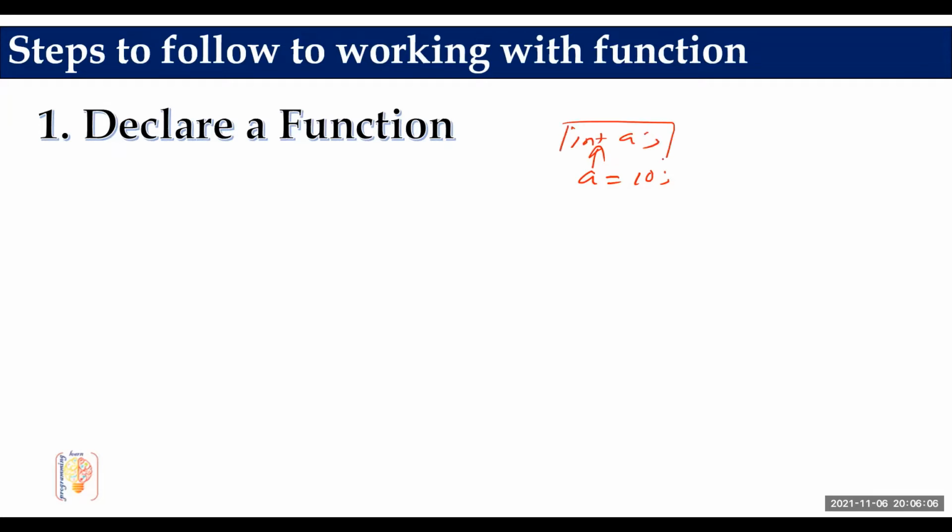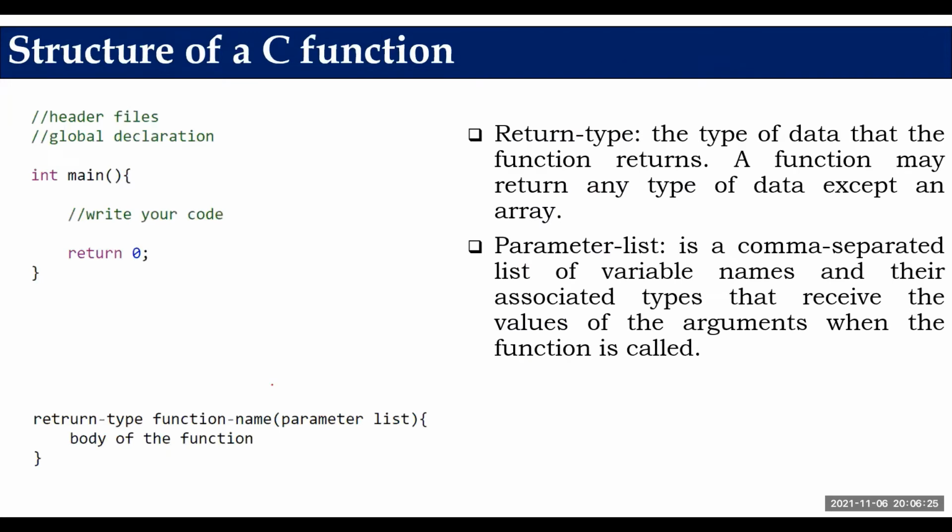So this declaration is important before you use a particular variable. Similarly, for a function also, declaration should be step number one. So let us see how to declare a function. We should remember the syntax: return type, function name, and if we have a list of parameters, comma separated, this should be there in the declaration.